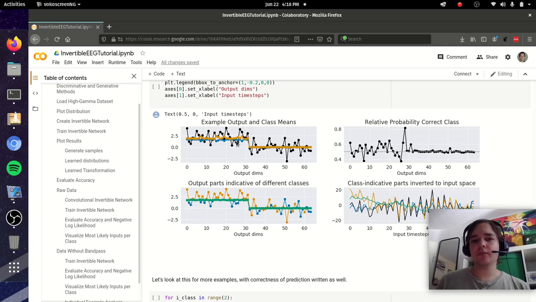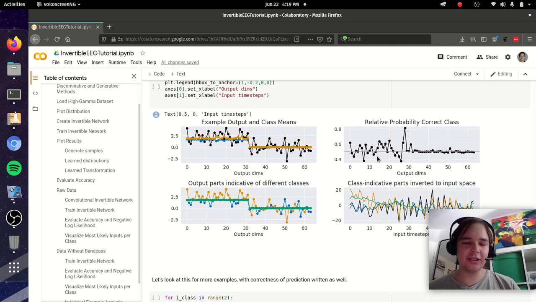So now what we're trying to do is, can we somehow visualize these different components within one signal that are indicating the different classes? Here you can also see this plotted a bit differently, where we just show the relative probability of each class for each dimension. And here for the correct class, which I think in that case might be resting state or right hand.